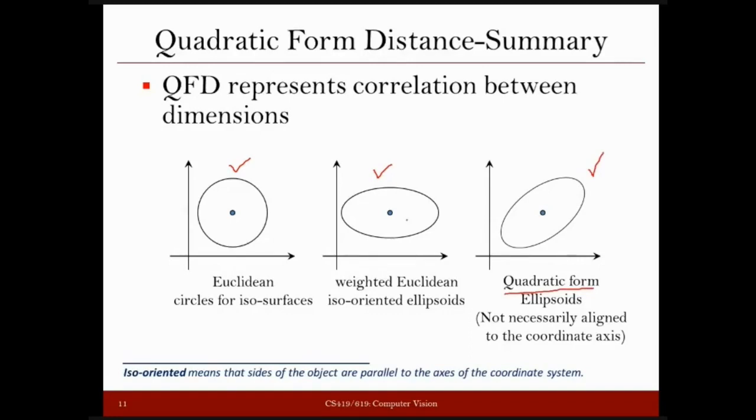Why is it looking like this in case of weighted Euclidean distance? Because we are saying that one dimension has more importance, another dimension has less importance, or one dimension has more weight, the other has less weight. In this case, all the dimensions have the same importance, same weight. That is why it looks like a complete circle. Here it looks like an ellipse because one dimension has more weight, the other has less weight.